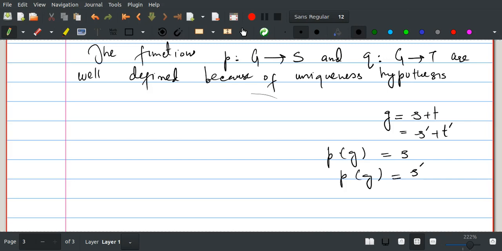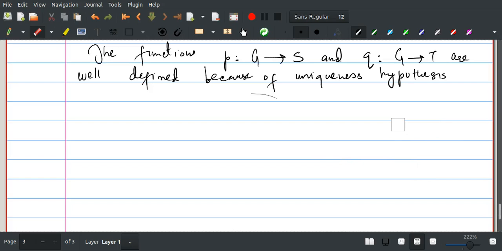So these maps are well defined. It is given that these maps P and Q are homomorphisms.